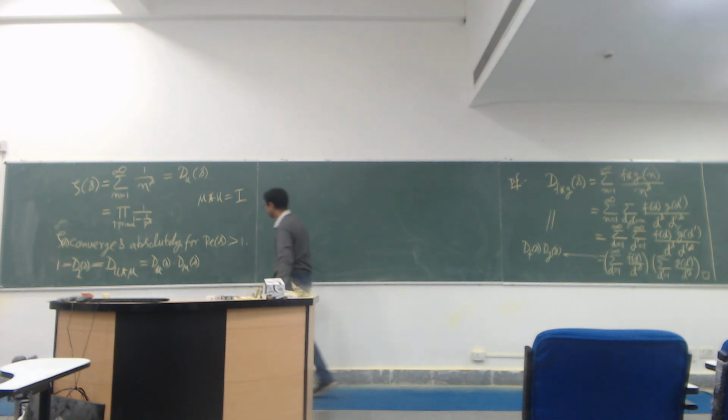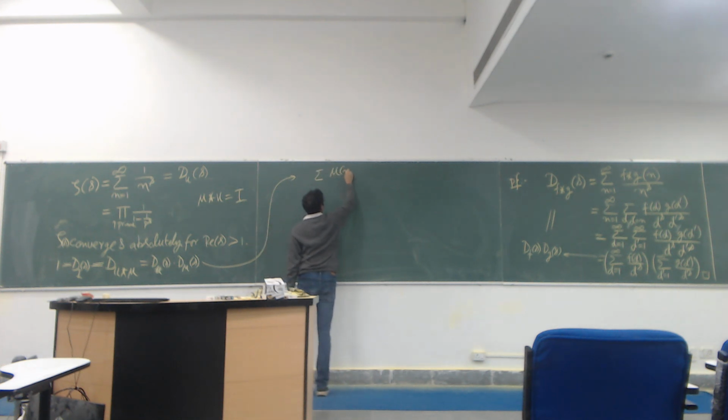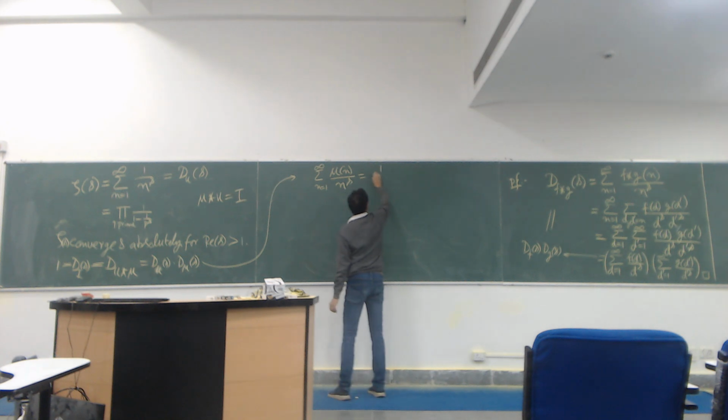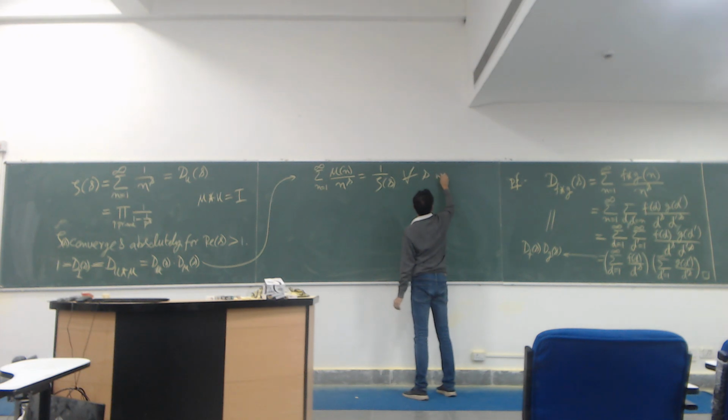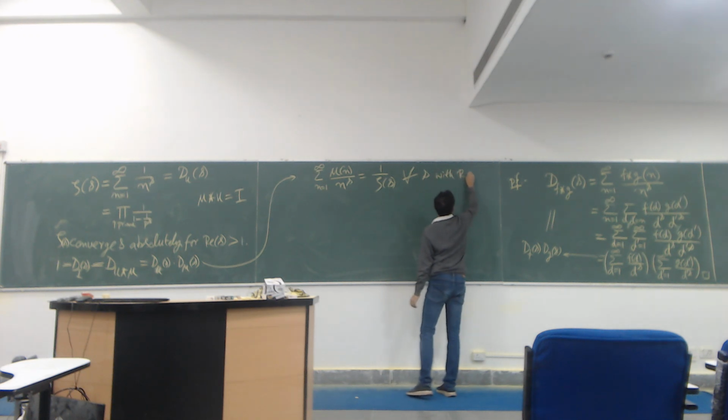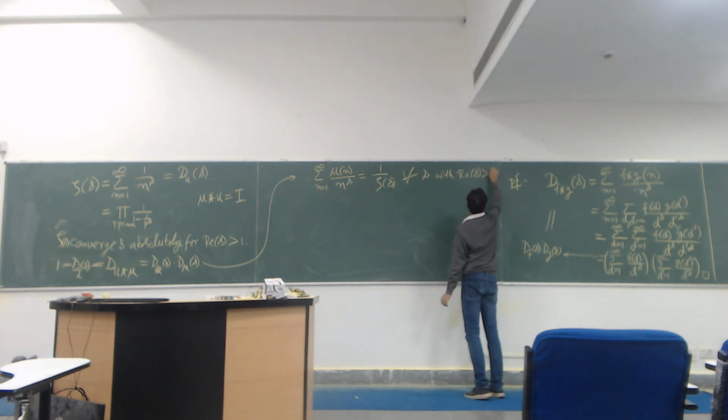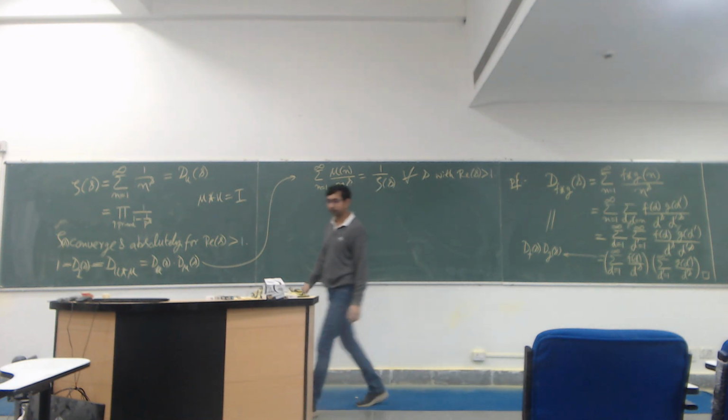So from this last equation, you write the summation of mu n by n to the power s, with n running from 1 to infinity, as equal to 1 by zeta s, for all s with real part of s greater than 1.